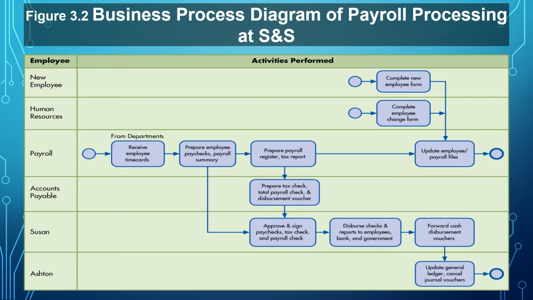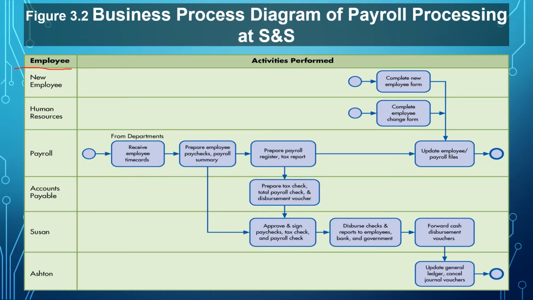So what differentiates the business process diagram from the other diagram techniques? In the business process diagram, it can distinguish the departments or locations where the activity takes place, and this is clear when you look at the left side of the figure.